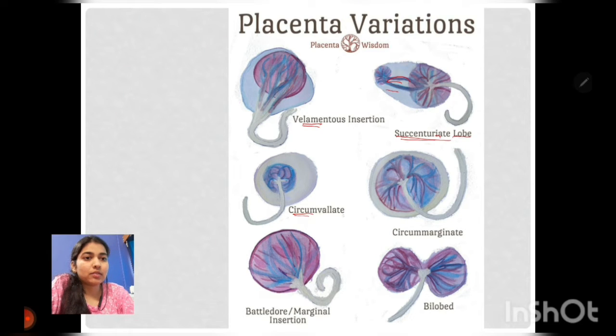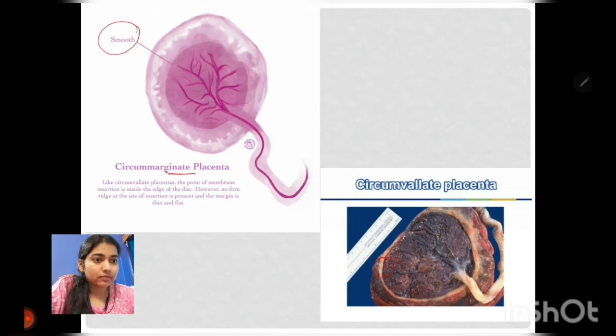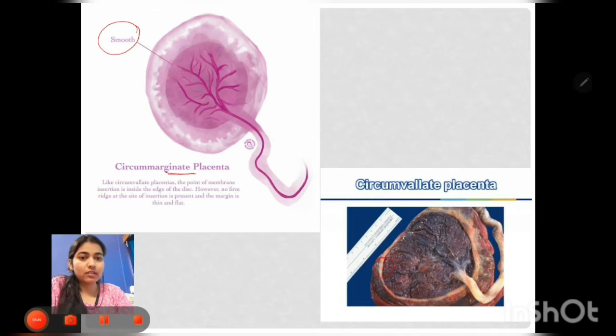Circumvallate, circummarginate, battledore and marginal insertion of placenta, and this is placenta bilobata. This is circummarginate placenta. Unlike circumvallate, circummarginate is smooth, and you can see it is smooth, while circumvallate is thick and ridge-like. Okay, it is thick ridge-like.